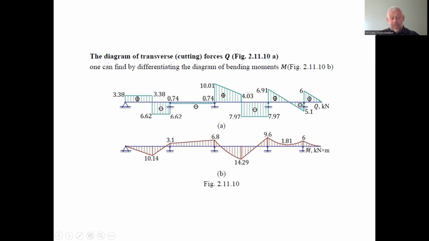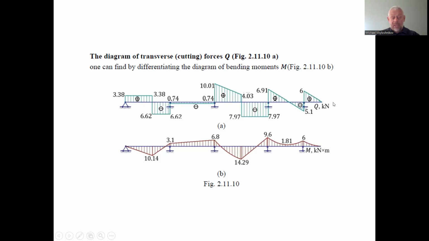This is because this one is the derivative of this one. So the area of the shearing force diagram, the area of this triangle, corresponds to the magnitude of this bending moment. The console extent is 2 meters. The magnitude of the shearing force is 6. This we just have to verify, whether it is correct or not.